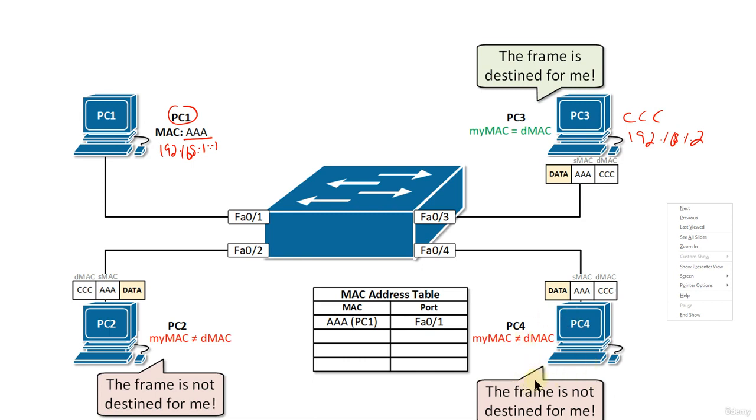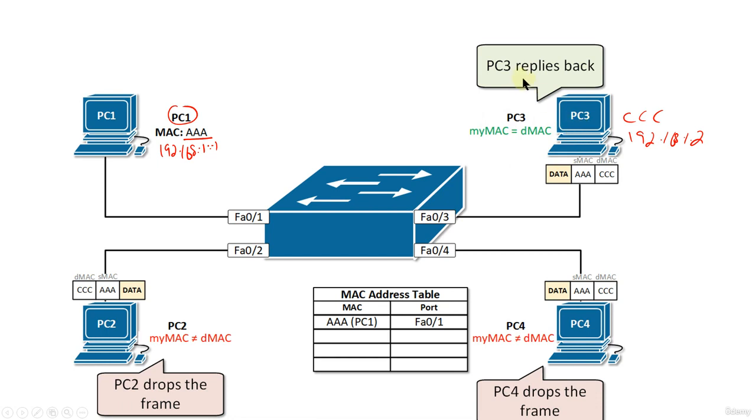Similarly, PC4 checked the frame and said this frame is also not for me. Then it went to 192.168.1.2, and when PC3 received this frame, it said, yes, this is for me, so I have to reply back with my own MAC address.